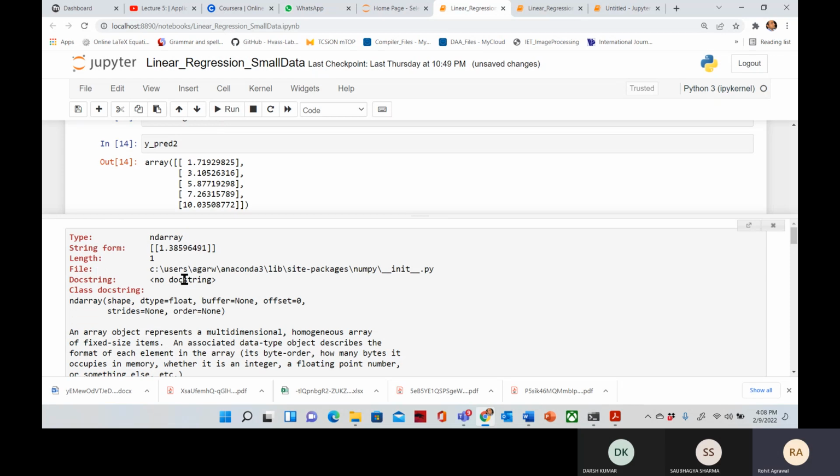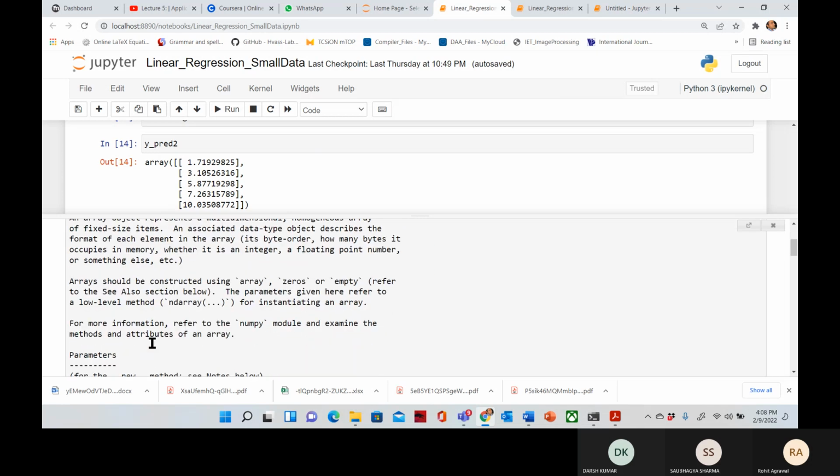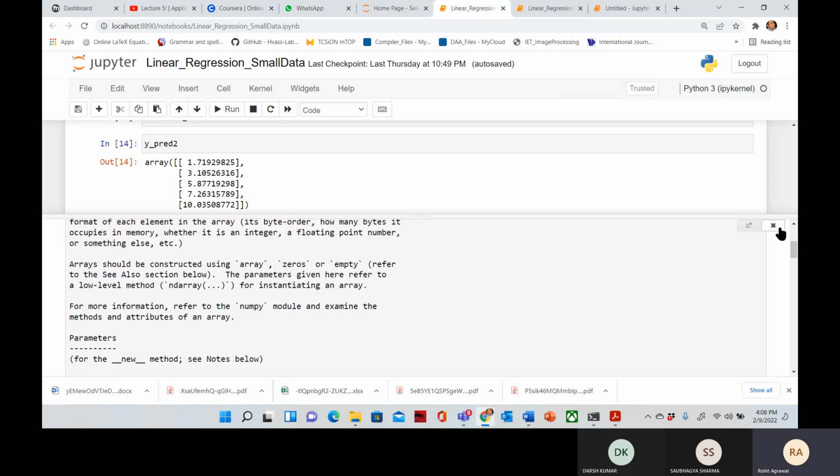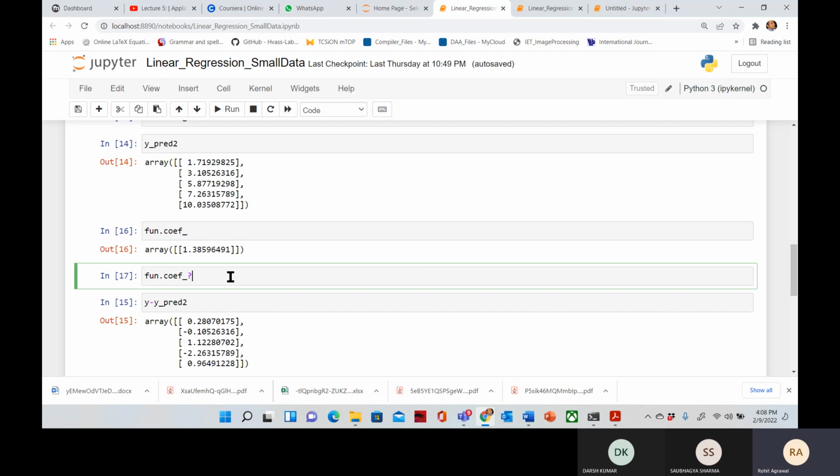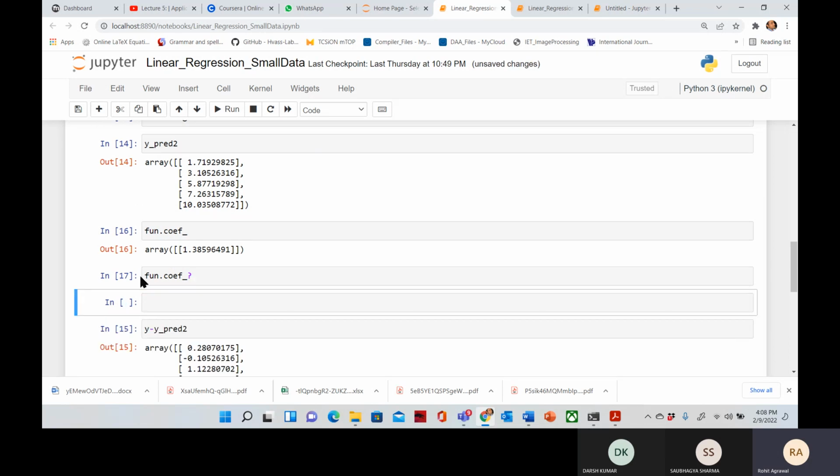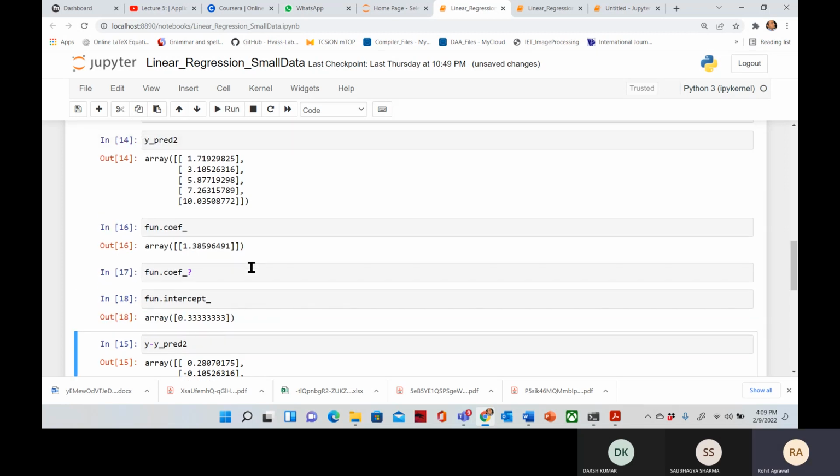So see, it is giving you this coefficient, and then there is the intercept, I think. Fun dot intercept. Yeah, this is the intercept.